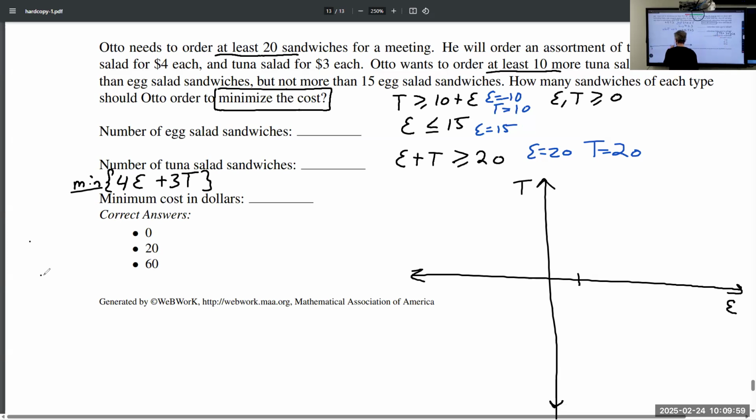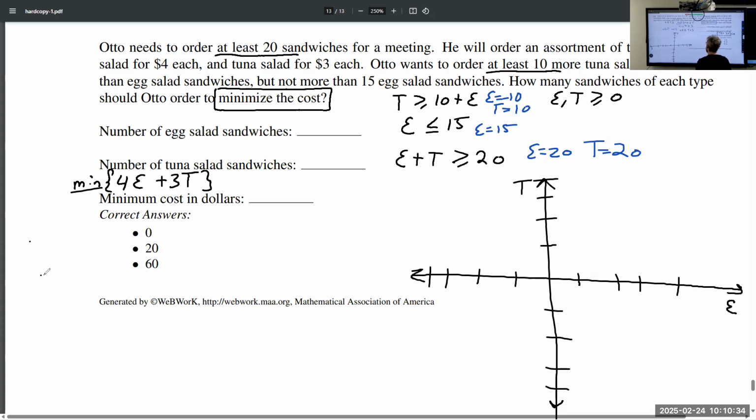The only reason why I'm graphing is just to find the corner points. All right, that should hopefully get me where I need. The only thing I need the graph for is to find where the corner points are.